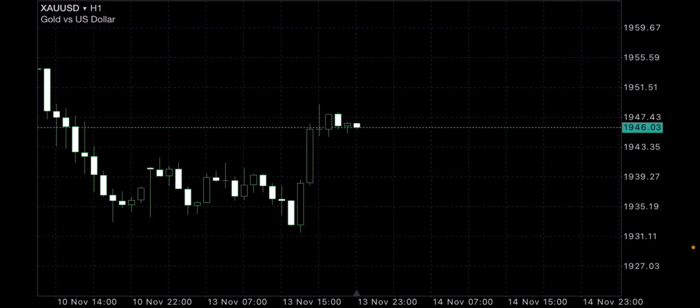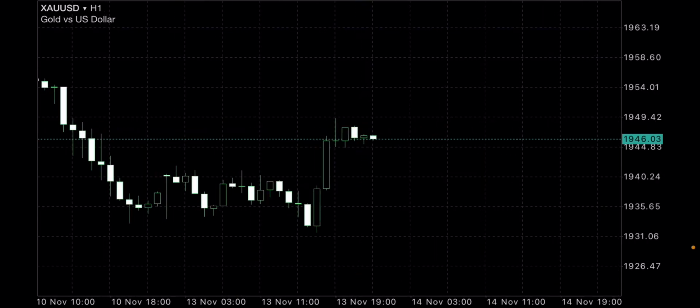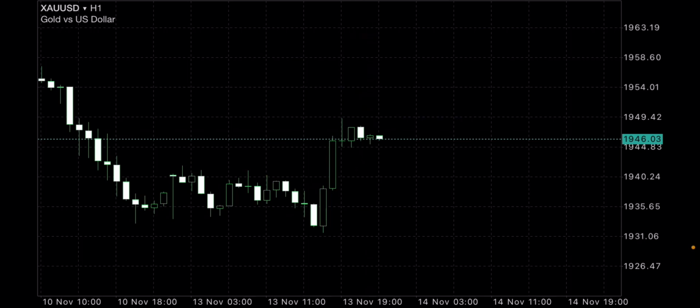Now, you guys are seeing a chart of the current price of gold. Where you see this green line at 946.03, that shows the current price of gold.